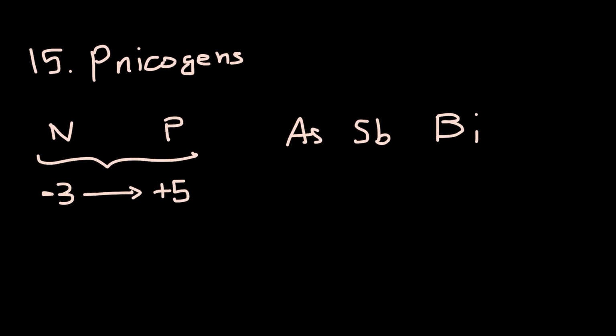As you go down the group, the negative oxidation state becomes less stable. So what that really means is your oxidation state is more likely to increase to be more positive, because it's more stable.